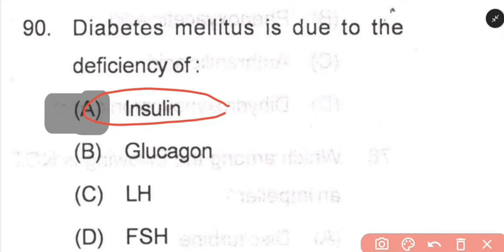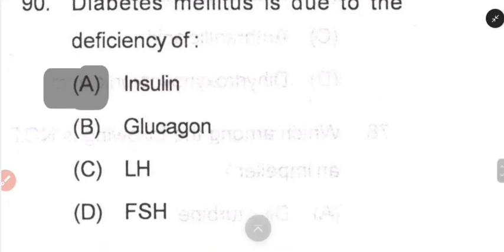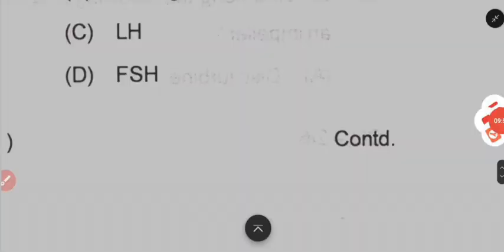Glucose is supposed to be converted into glycogen, but it is not utilized. So the level of glucose increases in the blood and leads to diabetes. Insulin, if it is less in quantity or deficient in the body, leads to diabetes mellitus.